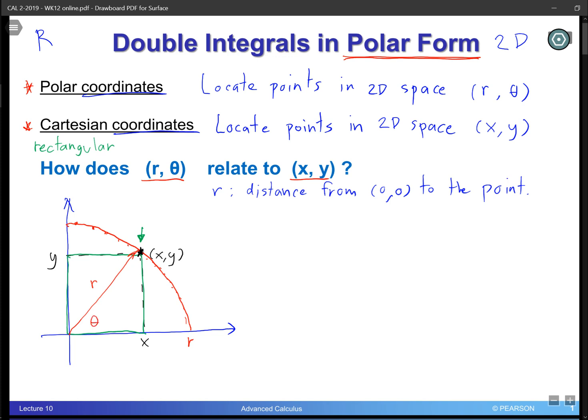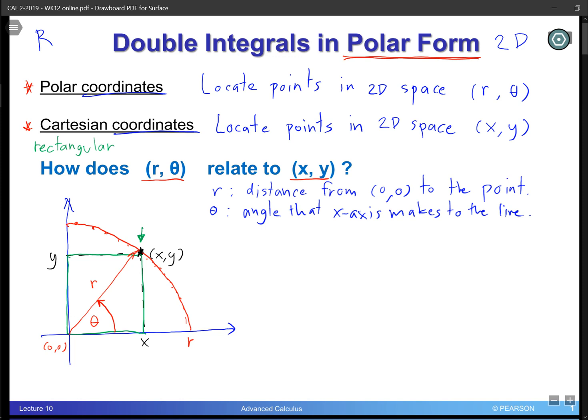Alright, so theta is the angle that the x-axis makes to the line connecting from the origin to the point. Okay, so let's put this meaning down. So theta is the angle that the x-axis makes to the line connecting the origin to the point.